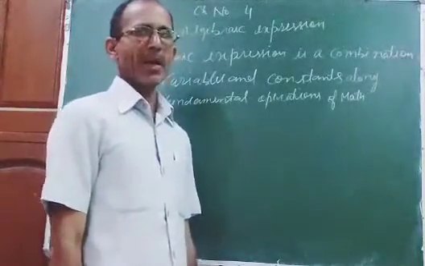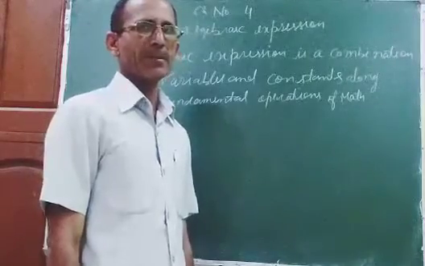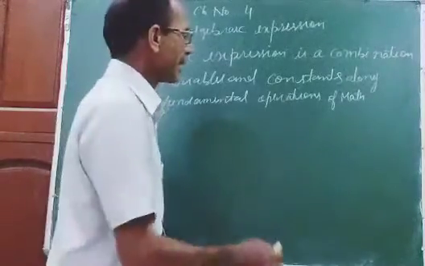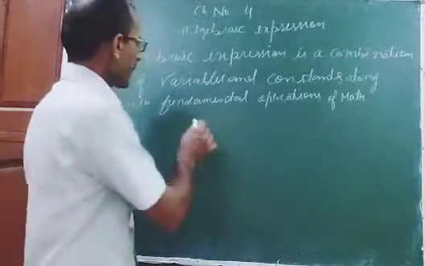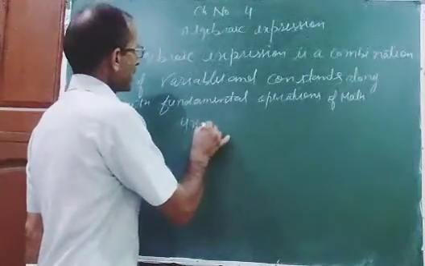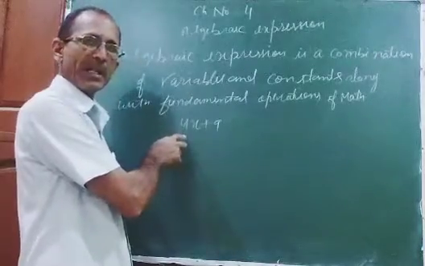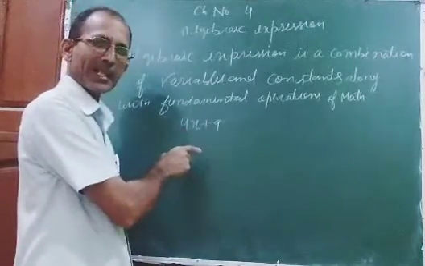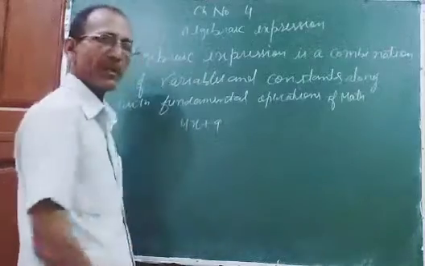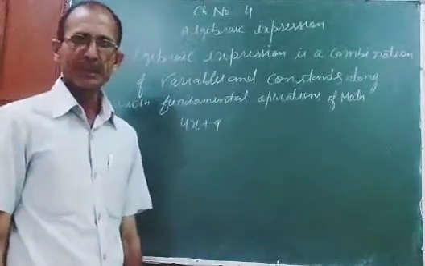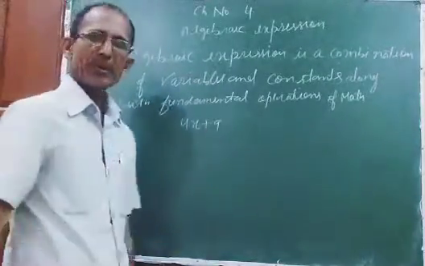So I think you have understood the definition of algebraic expression. I am writing 4x plus 9. So 4 is the coefficient of x, x is a variable, and 4 is a fixed value, a constant. And 9 is also a constant.